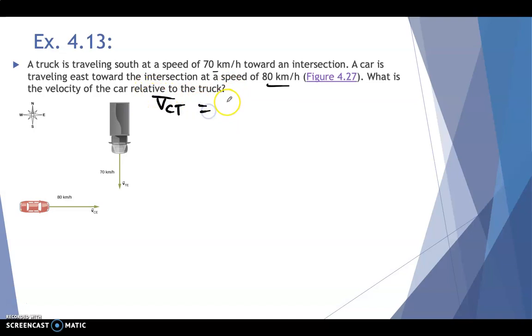Remember we just learned that the velocity of 2 different reference frames will be those 2 reference frames added.